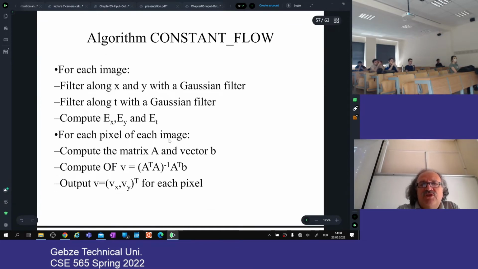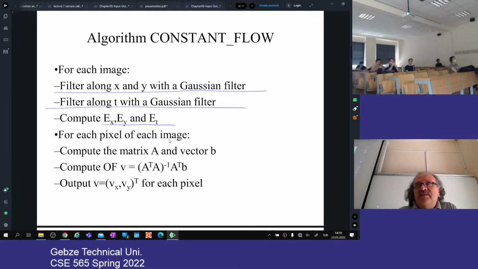So for each image, filter along x and y with Gaussian filters, then filter along t with Gaussian filters, and compute ex, ey, and et, like the frame differencing. How do you calculate the simplest derivative method for ex and ey? Subtract the previous column from the next column, and so on. How about et? Subtract this pixel's value from the next frame's value.